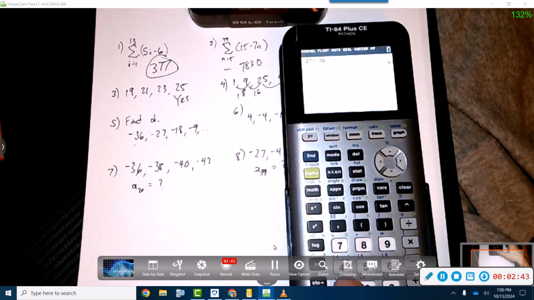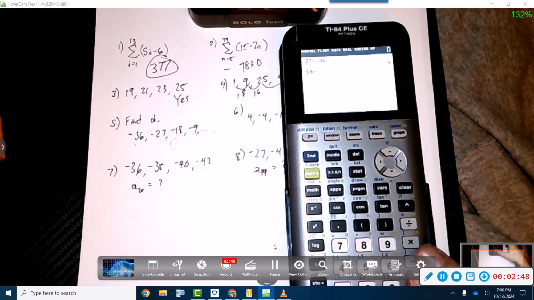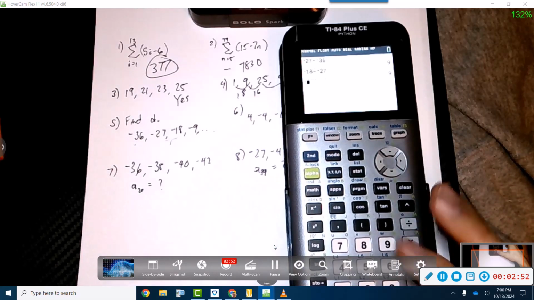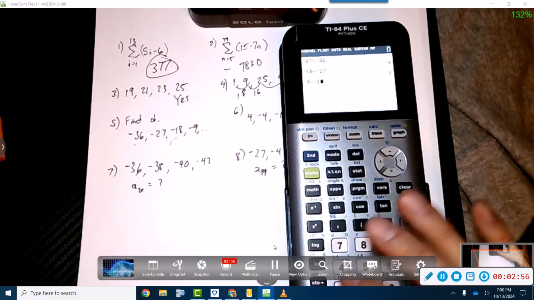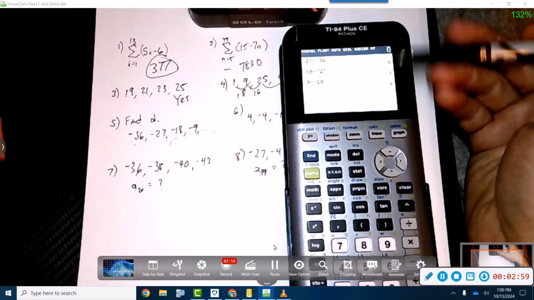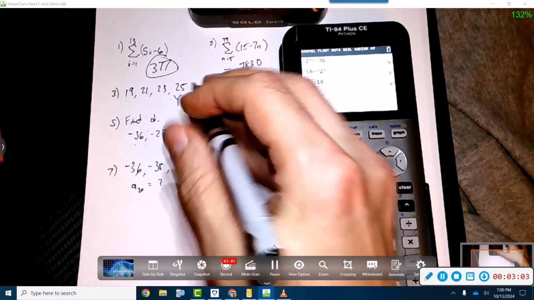Now we need to be consistent here and make sure that negative 18 minus a negative 27 is actually 9 as well. That's true. And then negative 9 minus negative 18 has to be positive 9 as well. So that's it. So the common difference equals positive 9.